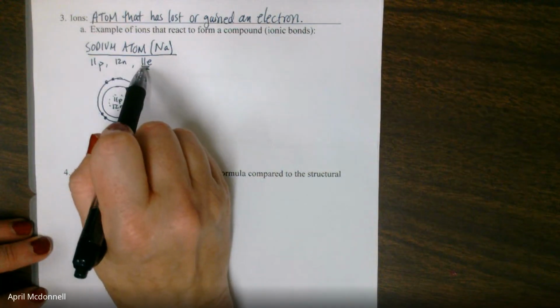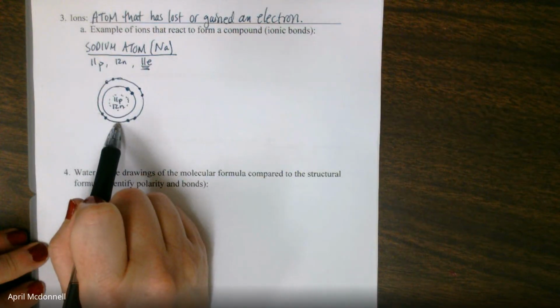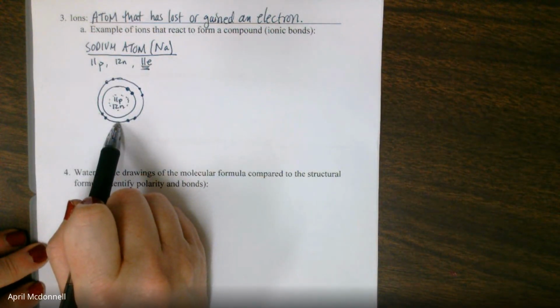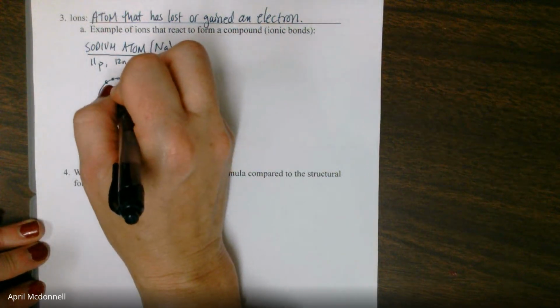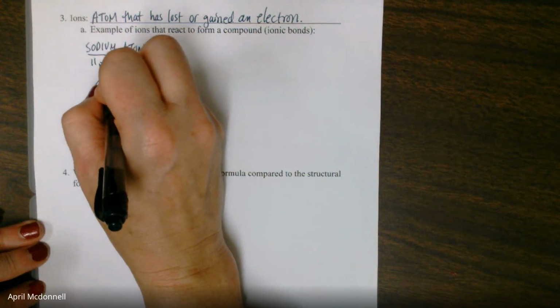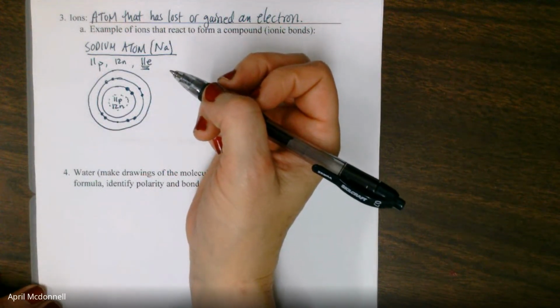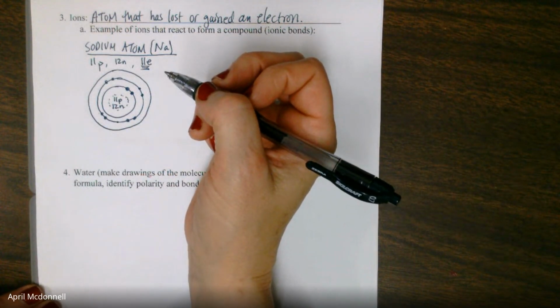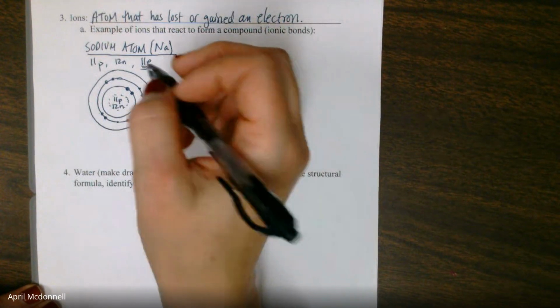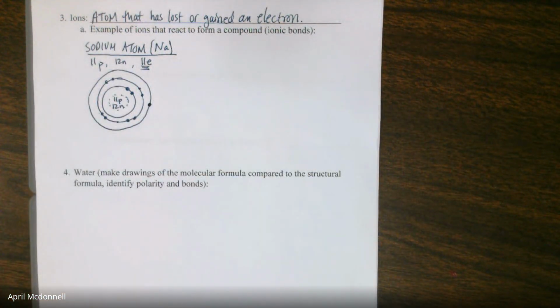We still do not have 11 electrons, but the second electron orbital shell can only hold 8. If the second shell is full, we can draw a third electron orbital shell, and that third shell can also hold a total of 8 electrons. But we only have 1 more electron left in our sodium atom.